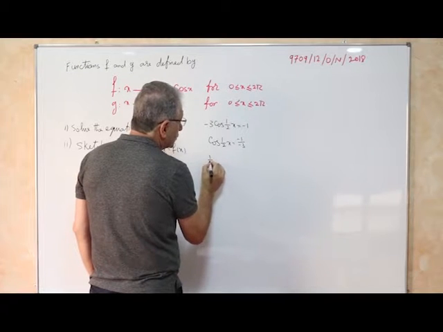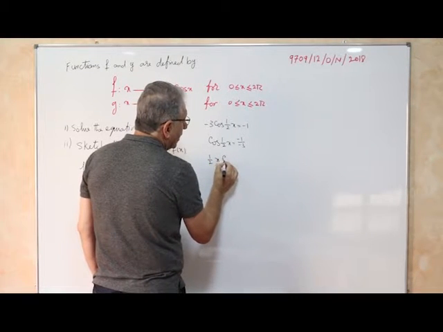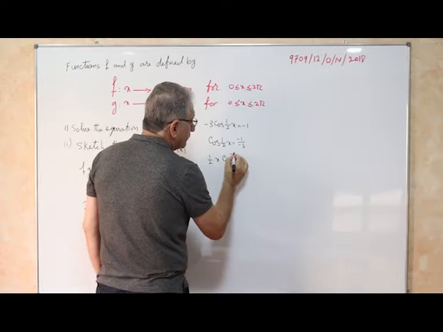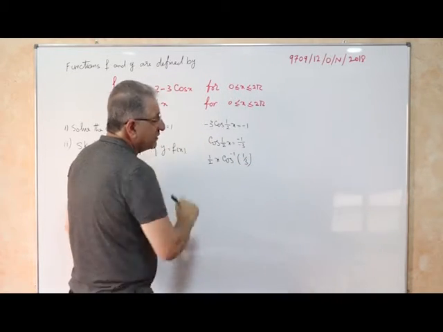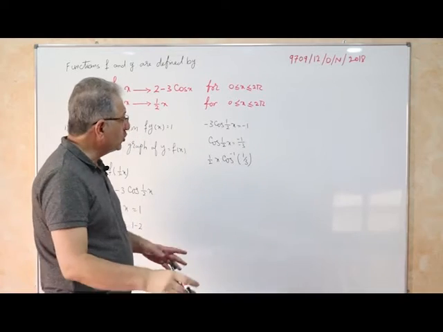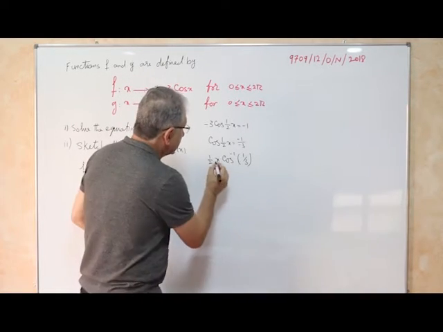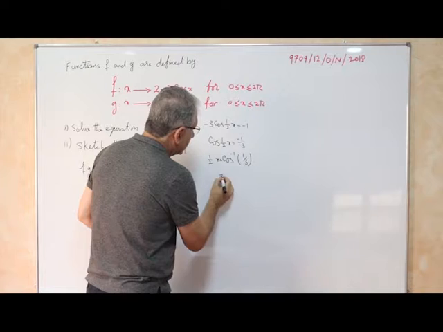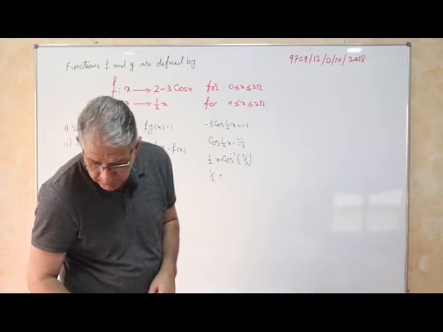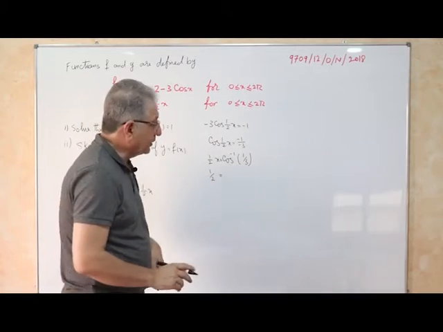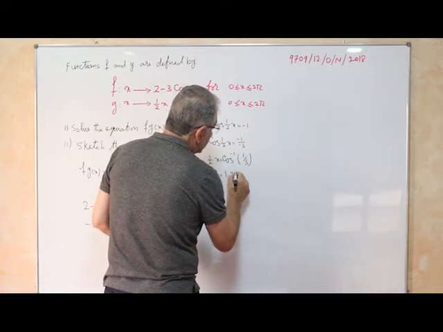Therefore, 1 over 2 x is cos inverse of 1 over 3. Negative and negative will be positive. Now, use your calculator, get the answer. The answer will be 1.231.